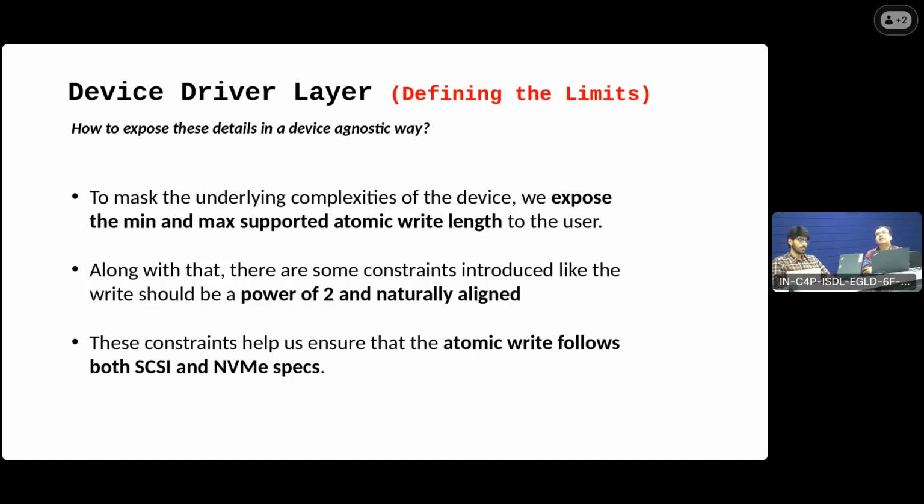There are also some constraints introduced, for example, the length of the write should be a power of 2, and it should be naturally aligned. I think this is mainly to have a common set of changes that satisfies the constraints of both NVMe and SCSI.